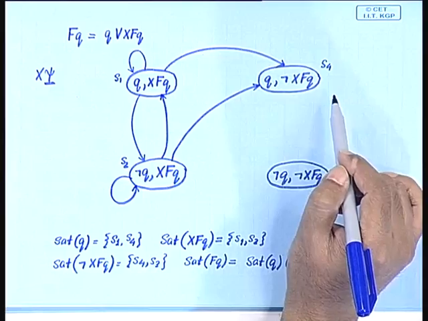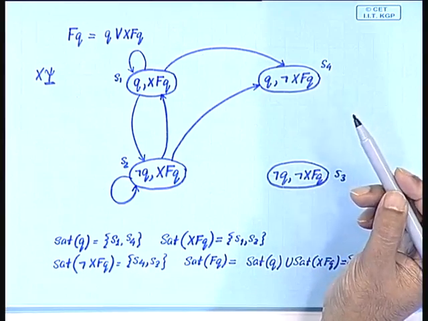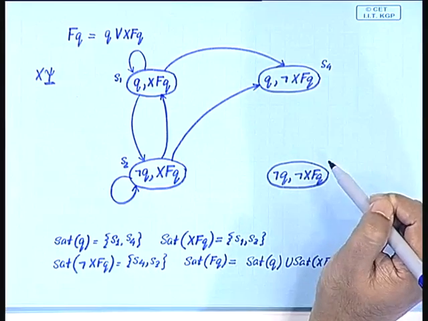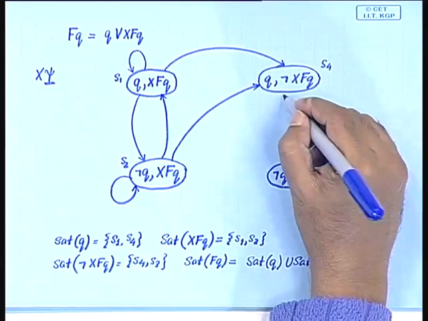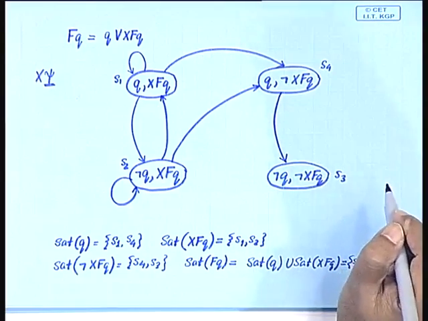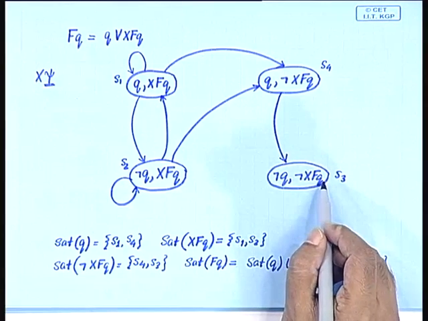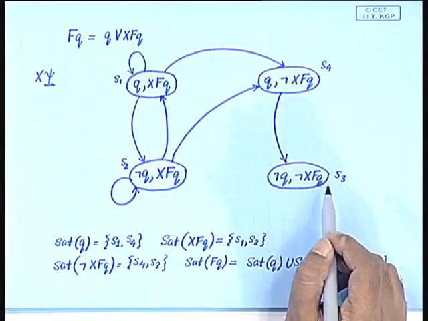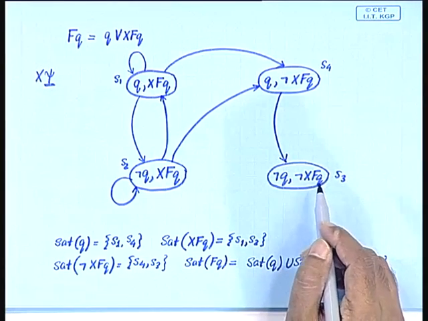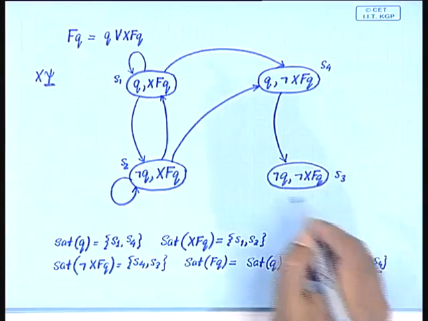So, which are the states in SAT of not FQ? S3. Okay. So, from here we must have an edge to this. This one is X of not FQ, which is the state which belongs to SAT of not FQ, S3.